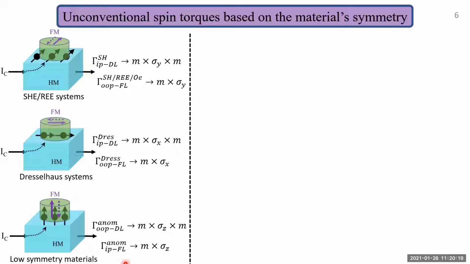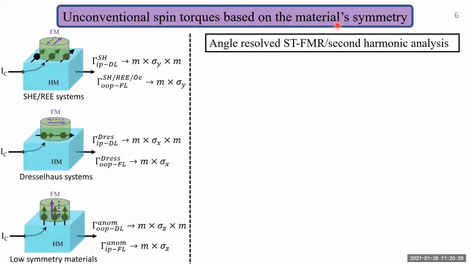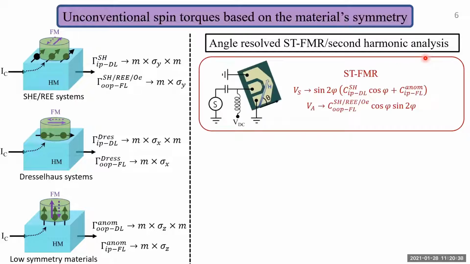Now, the question is how do we know all 6 types of spin orbit torques experimentally? How can we distinguish them? There is an easy way. We can do angular dependent STFMR, or we can do the angular dependent second harmonic method. I have already introduced STFMR and said that it produces symmetric and antisymmetric Lorentzians.